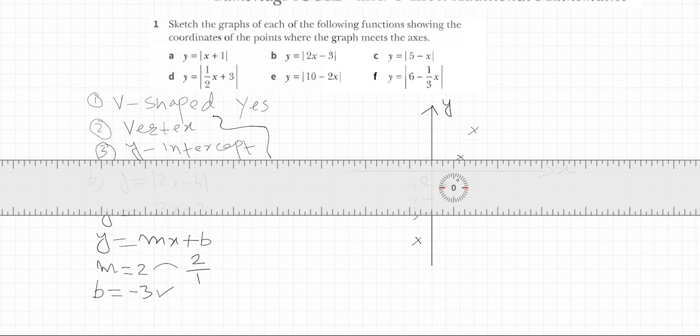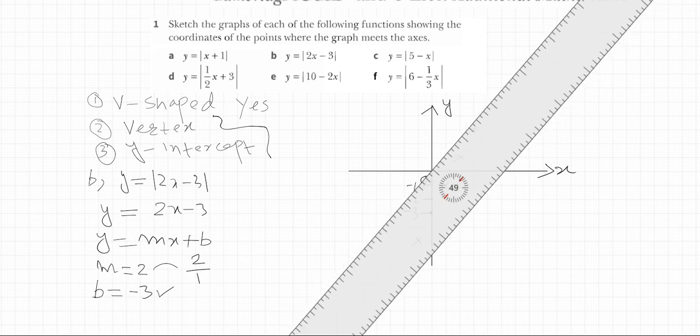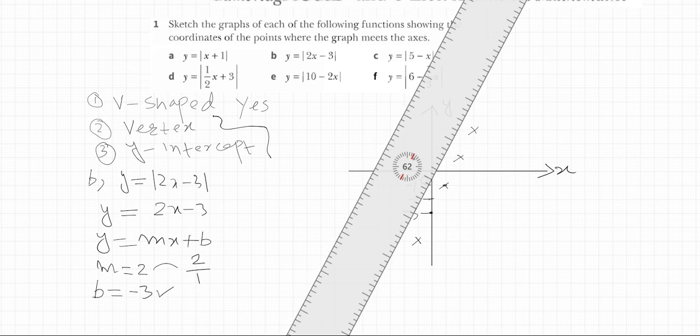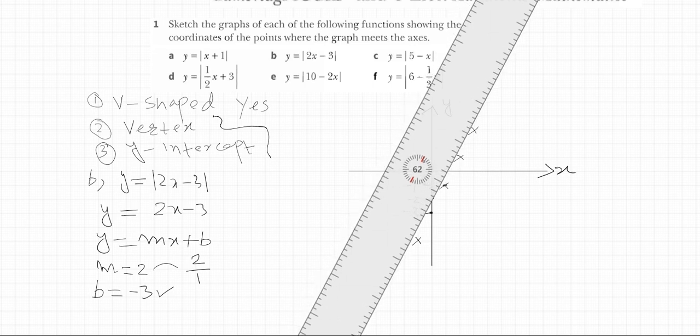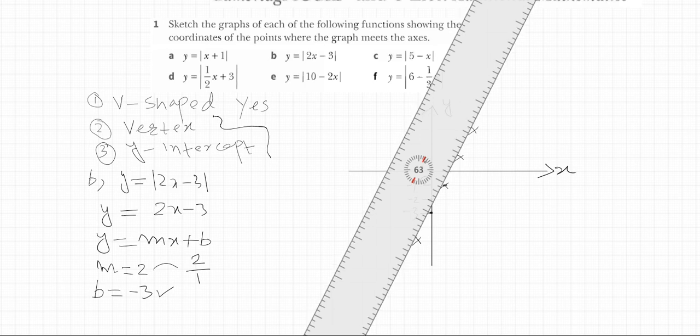This is my scale. Your line must pass through the y-intercept. So I am joining all these 4 points.